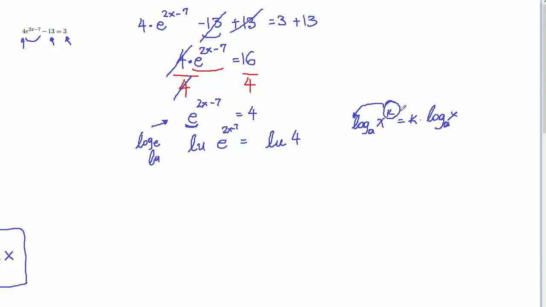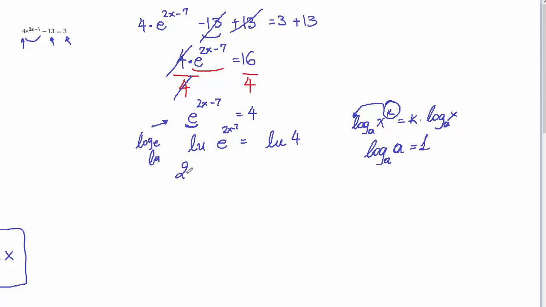This has two side effects. The first is that I move the x from the exponent down to the equation. And the next is that I will be left with ln of e, that the next rule of logarithms, log with base a of a, tells me that this is equal to 1.